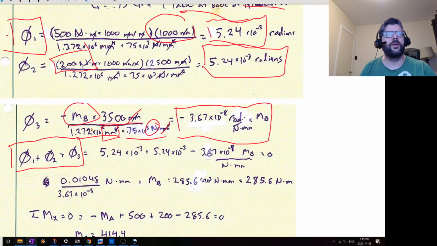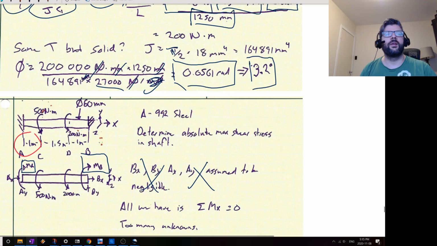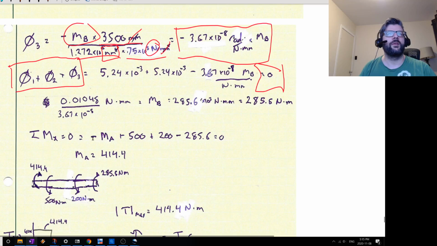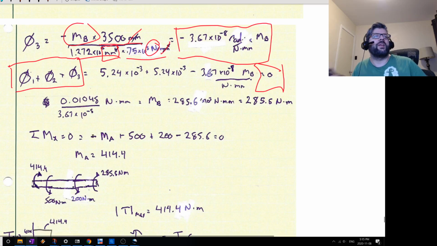Those together need to be equal to 0, because we know that when we look at the end here, the end there needs to have no rotation relative to here because it is fixed. They're both fixed, so you can have rotation in the middle. You absolutely can and will have rotation in the middle, but you can't have any at the 2 fixed ends.